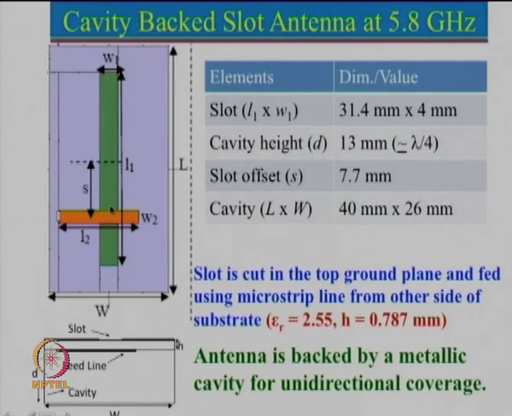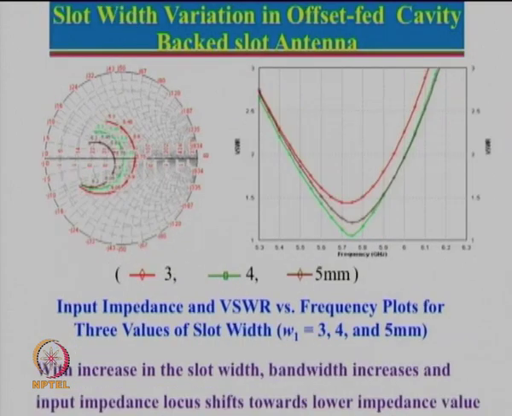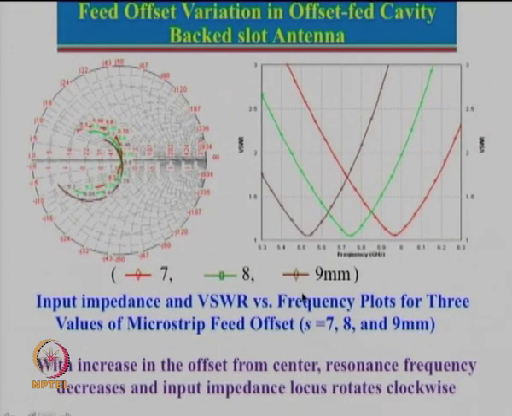The current distribution varies because of this loading. Because of the loading effect, the effective length of this one changes, and that is why there is a change in the resonance frequency. Now, this effect may not be very obvious as such, so that is why we need to study all these things to do a proper design.